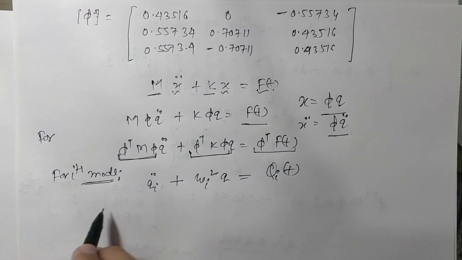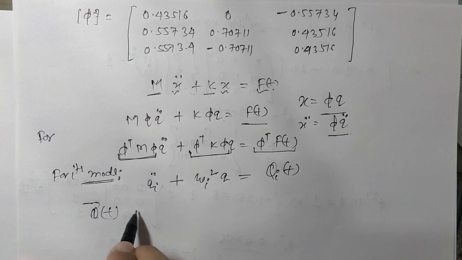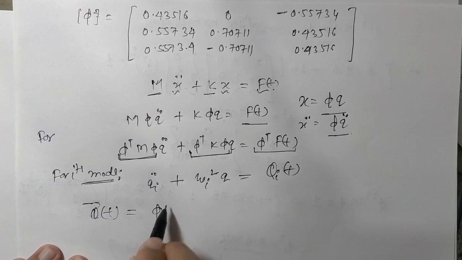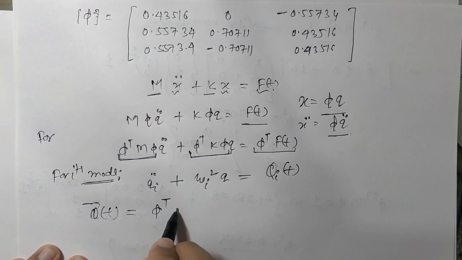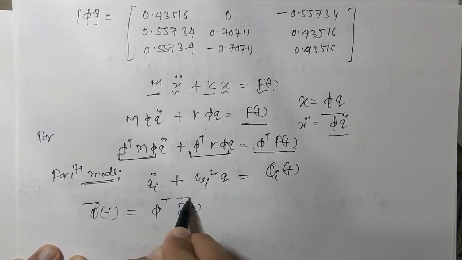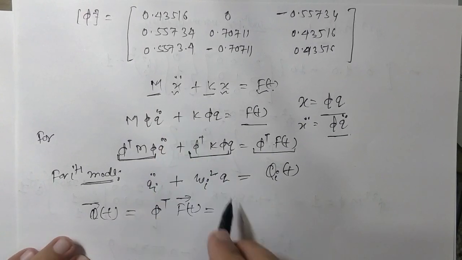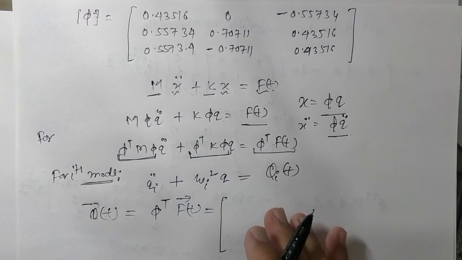So now we'll find the generalized force vector Q(t). For that, we multiply the transpose of the modal matrix by F(t).